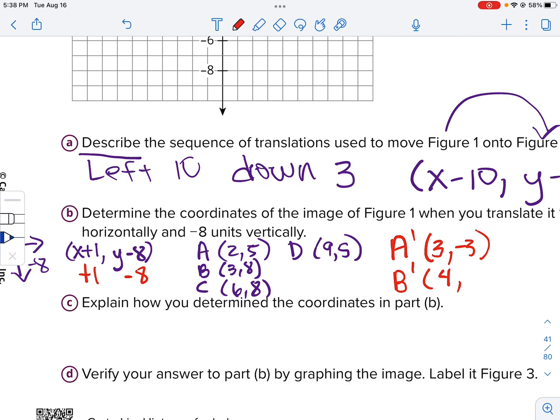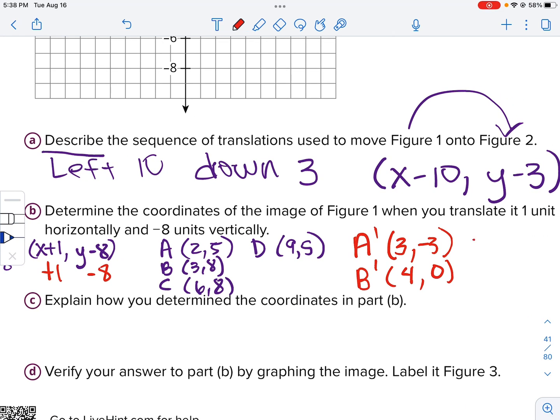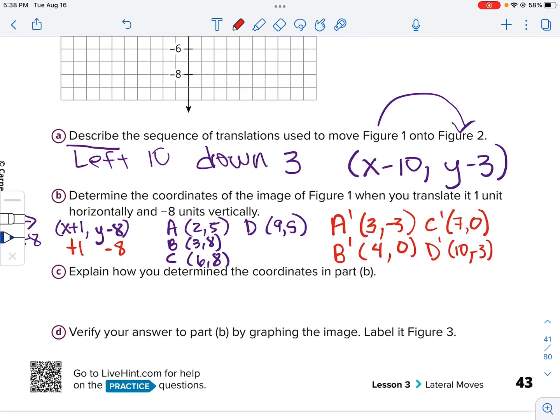I'm subtracting 8, that would be 0. My C prime, I'm adding 1 to 6, that would be 7. I'm subtracting 8 from 8, that would be 0. And then D prime. So 9, I'm adding 1, which will be 10. 5, I'm subtracting 8, that would be -3. So those are the new coordinates.